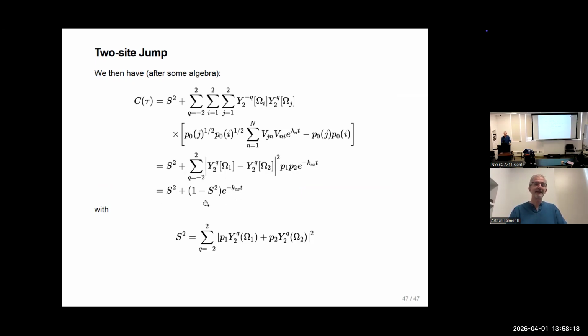Here at the end of the day is the two-site jump autocorrelation function, and it turns out to have the form of the Lipari-Szabo function quite conveniently. And we have an order parameter. The order parameter is the population-weighted average of the two orientations. And k_ex is the sum of the forward and reverse jump rates. So it's almost an expression you could have imagined writing down a priori.